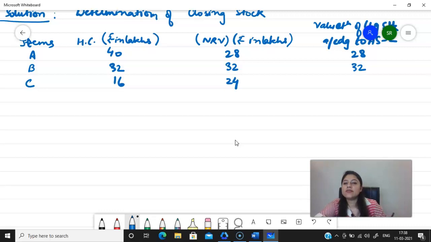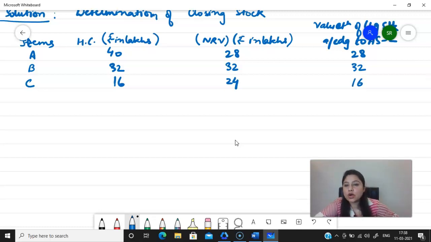In the case of C, we have the historical cost at 16 lakhs and the NRV at 24 lakhs. So the lower of either the cost or the NRV, since cost is less, we would be showing item C at cost.